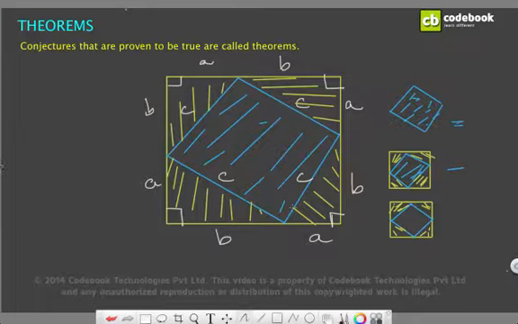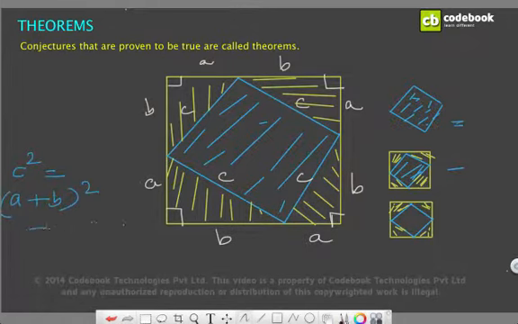We know that the area of the square is side square. So in order to calculate c square, we need to calculate the area of the total green square, which is of side a plus b, which is a plus b whole square.